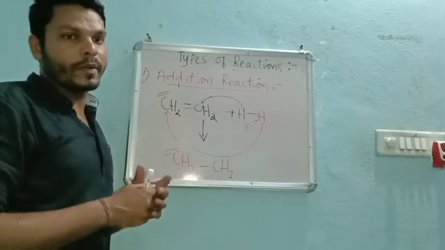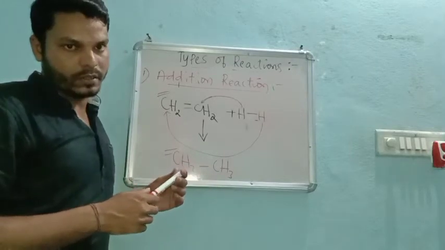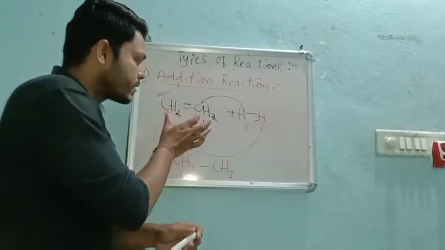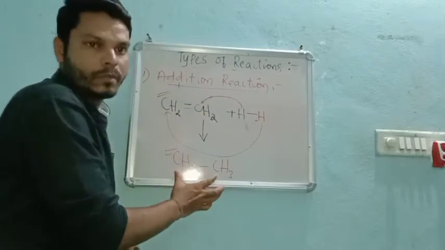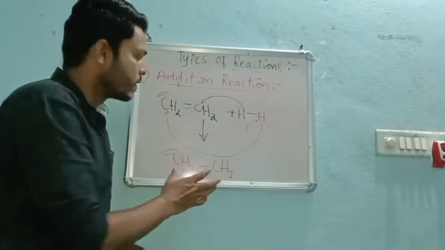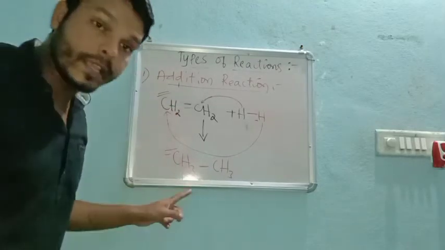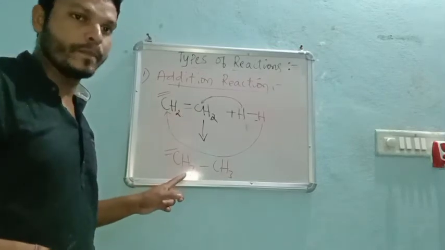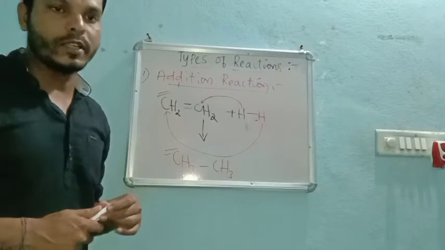So this type of reaction is called an addition reaction. A very simple definition: unsaturated compounds are converted into saturated compounds. Very important. That means alkenes are converted into alkanes. Such reactions are called addition reactions.